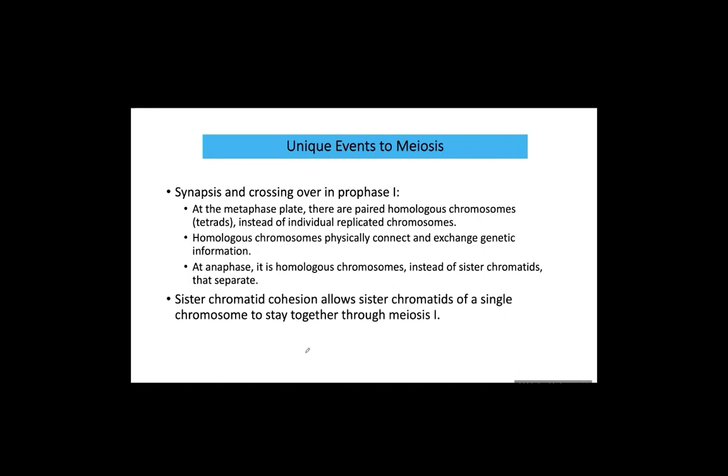Another uniqueness is that homologous chromosomes physically connect and exchange genetic information by way of crossing over to form chiasmata or chiasma. At anaphase, it is the homologous chromosomes instead of sister chromatids that separate during meiosis. So sister chromatids adhere tightly throughout meiosis 1.